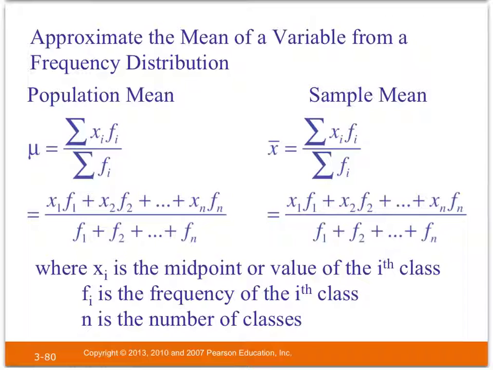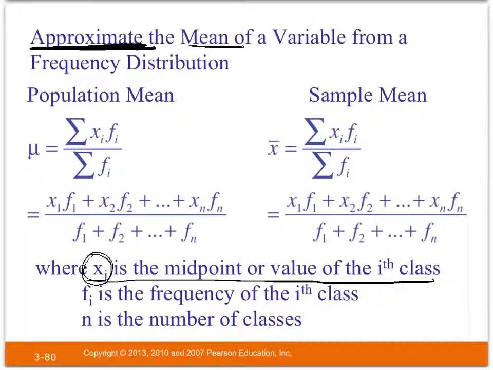All we have are classes, and we have the numbers of times things happen in a class. Okay, so we are going to approximate, and again, this is not calculating, this is just merely approximating the mean of the variable by doing this. We're going to look at the midpoint of each class. So x sub i is going to be the midpoint of each class. f is the frequency associated with this class, and n is the number of classes. Okay?